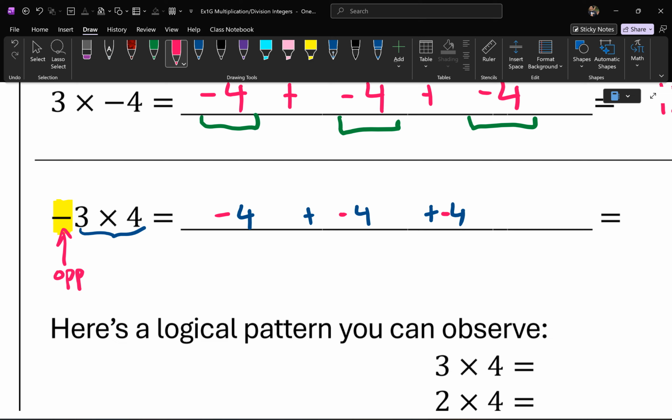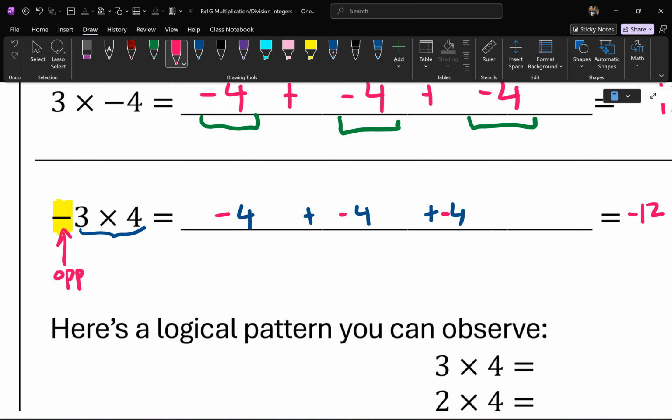Get me? Okay, so the 3 represents the number of jumps. When you say negative, it's the opposite of those jumps. If you're jumping in the right direction, negative means I'm going to jump in the negative direction. So you can understand it as negative 4 plus negative 4 plus negative 4. It's like owing money, owing $4 3 times.